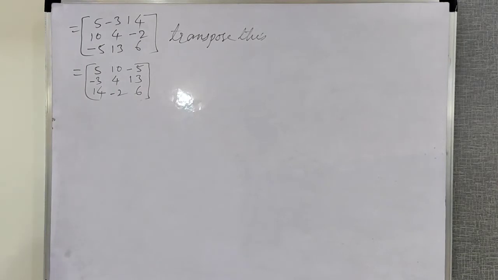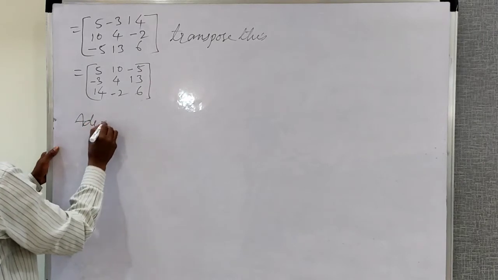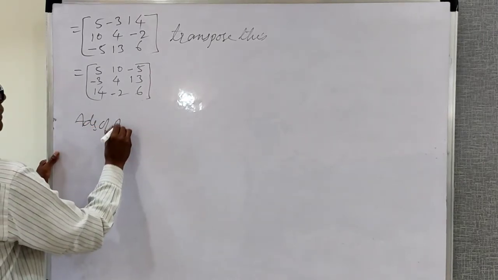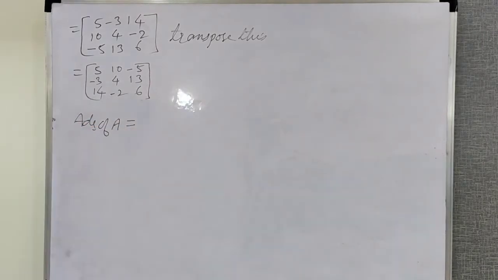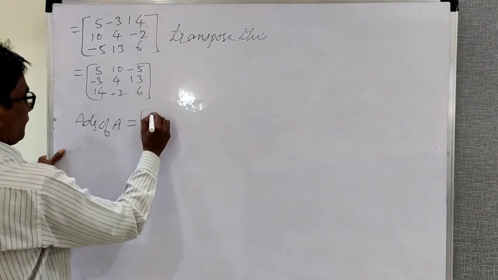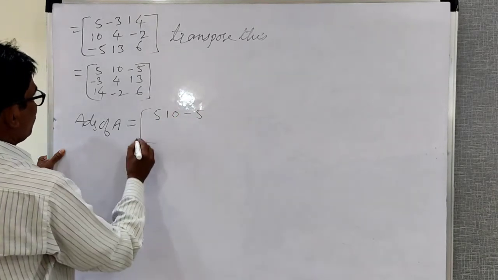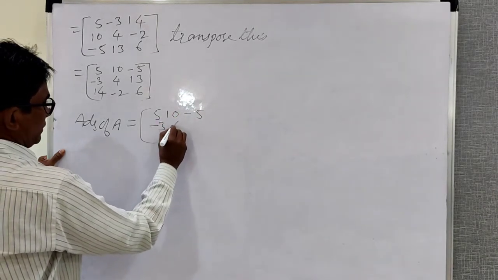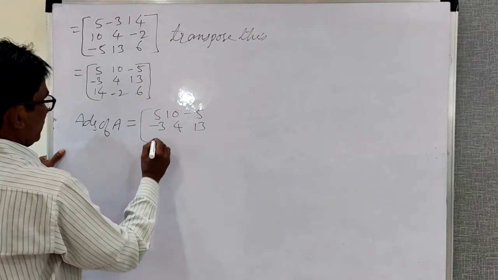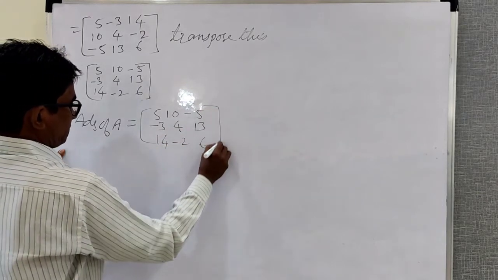So this is transpose of this matrix. Now adjoint. Adjoint of A is 5 10 minus 5, minus 3 4 13, and 14 minus 2 6.